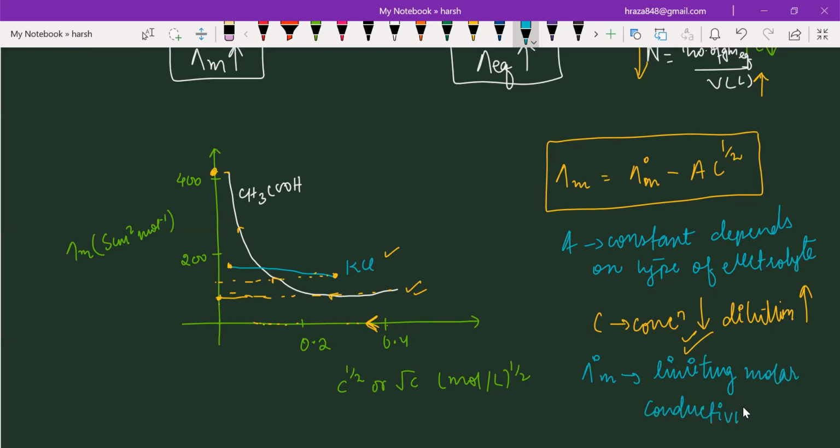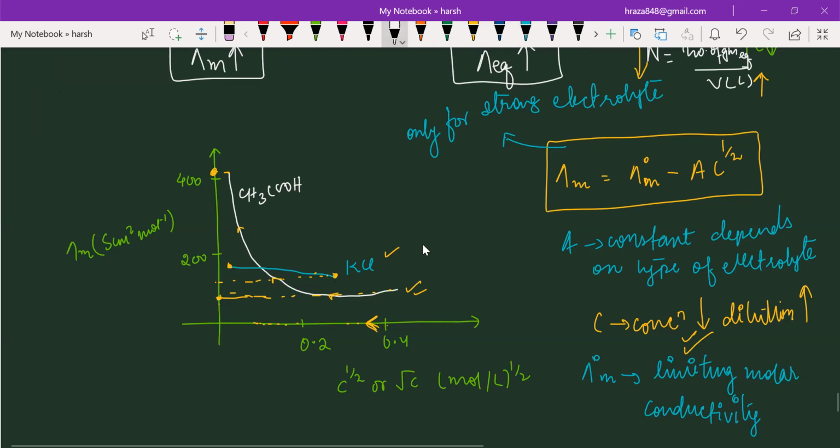And this is only for strong electrolytes, not weak electrolytes, because it is an equation of a straight line, and a straight line is only for the strong electrolyte. Debye-Huckel.